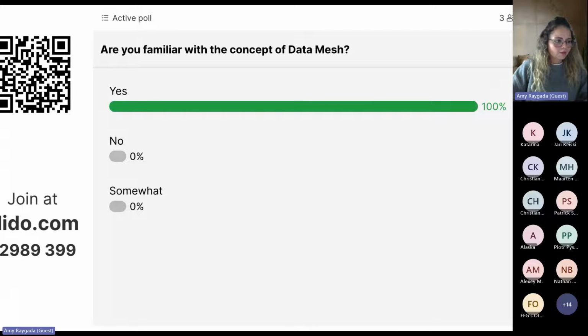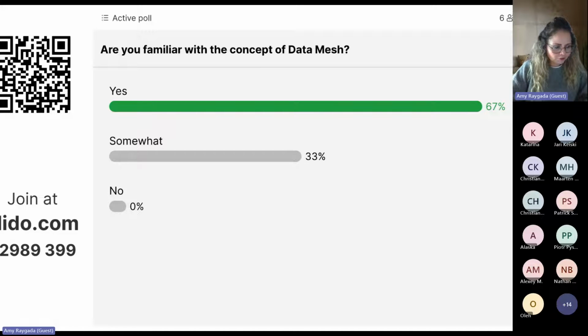Okay, perfect. So that's the first question: are you familiar with the concept of data mesh? Yes, somewhat, or not really. So I would like to see how is the audience today.